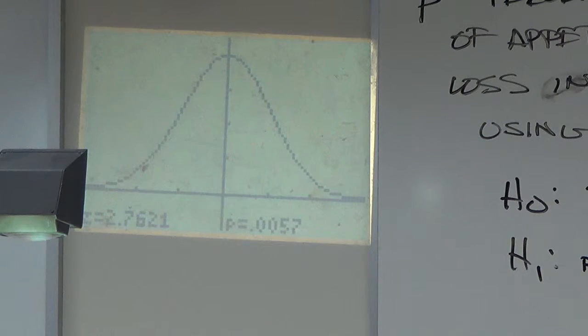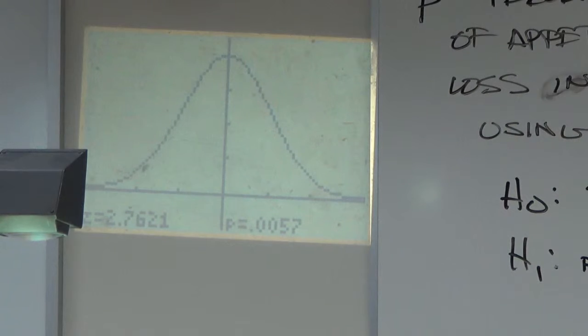But you know you're 2.7 standard deviations away from this one, and you're positive. Z equals 2.7621. The area that's actually being shaded, however, believe it or not, is not just this one, but it's that one plus the parallel area on the other side.